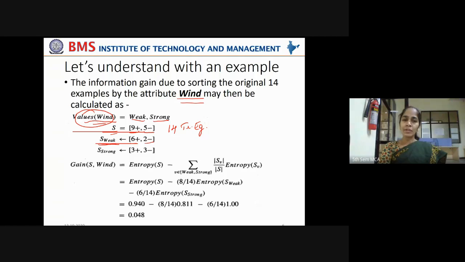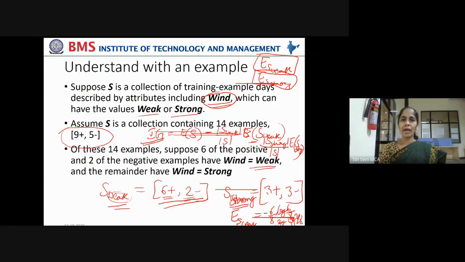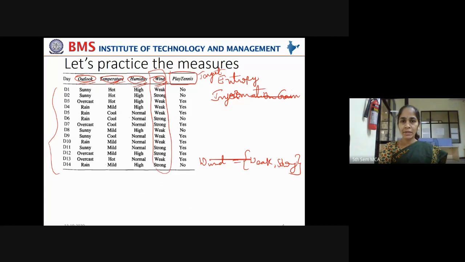Now, go for the wind value as strong. How many of the training examples are positive, having wind value as strong? 3. And how many of them are negative? 3. I'll show you how to count this. Let us go back. Now, under the wind attribute, you just see strong: 1, 2, 3, 4, 5, 6.